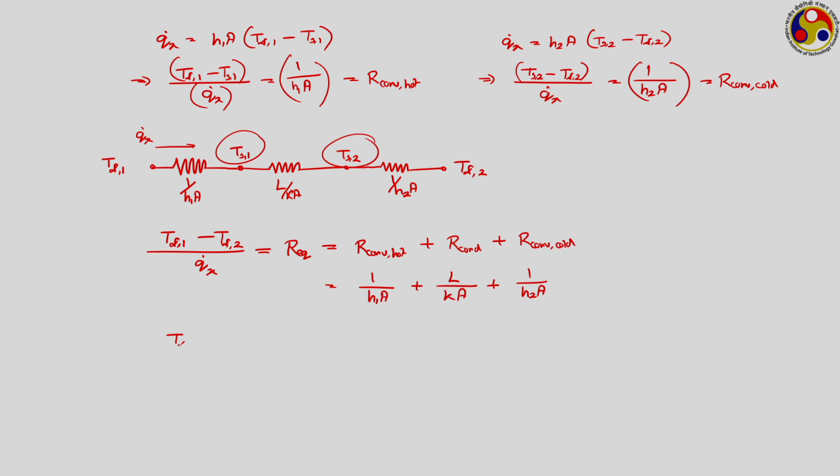In that case, like we wrote earlier, (T∞1 − Ts1)/Q̇x will be equal to the corresponding convective resistance on the hot fluid side, that is 1/(h1 A), and hence we can separate out the terms from here.